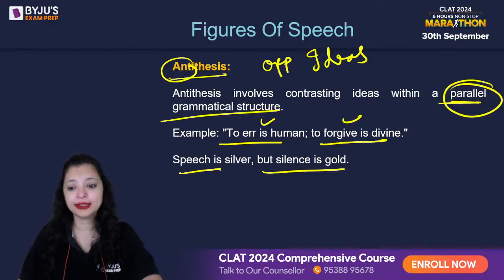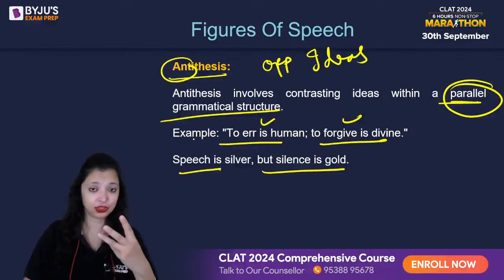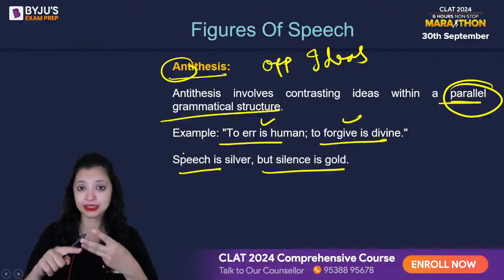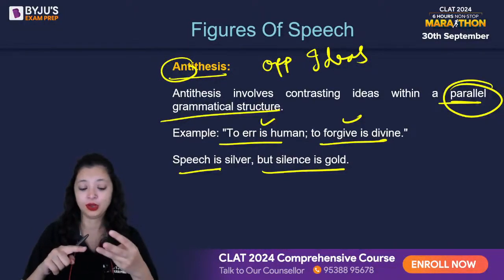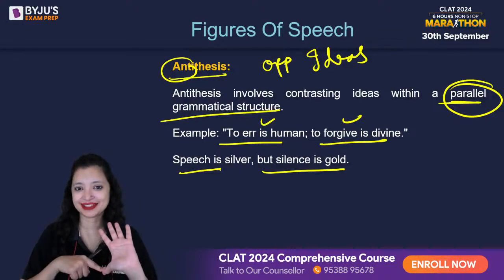Absolutely correct, Gauri. United we stand, divided we fall. That is an example of antithesis. Understood everyone? So we've done three sets of opposites in figures of speech: irony, antithesis, oxymoron. We're left with two more: paradox and anticlimax.